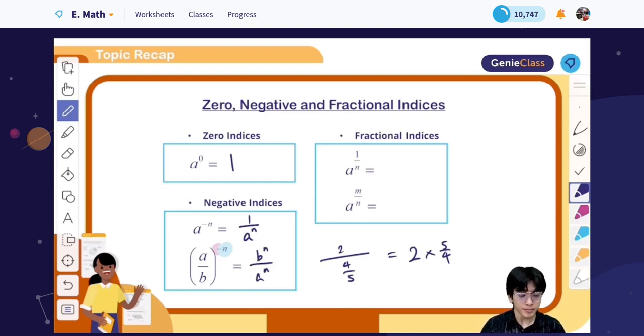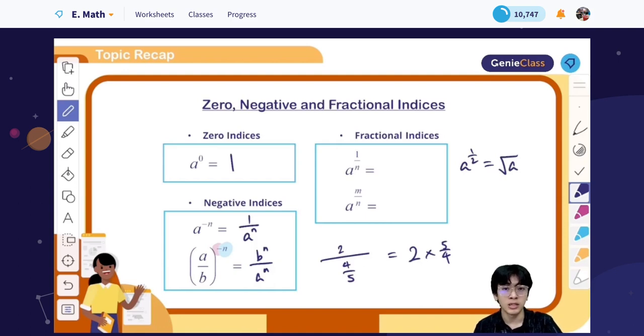Great. Now fractional indices. Just now was negative indices. Now what happens when you have fractional indices? I want you to always remember what is a power half. A power half is basically your square root of a.